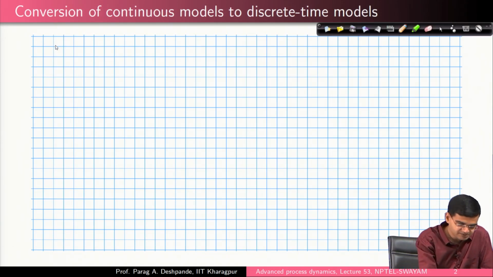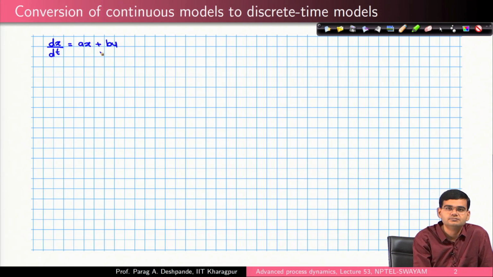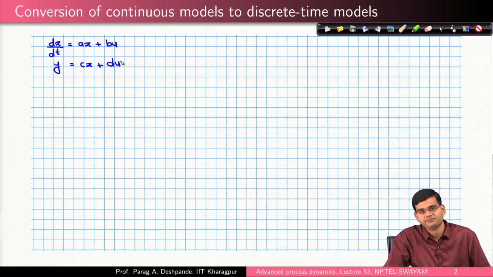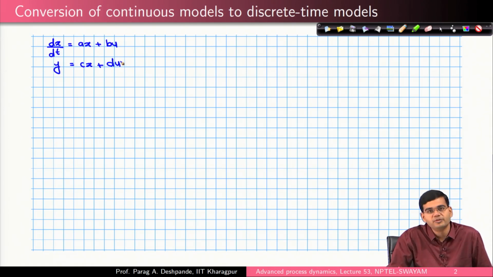So, our system in that case would be dx by dt is equal to ax plus bu, our dynamical equation, and y is equal to cx plus du. This is our first order input output model, input being u, output being y. I would like to develop a corresponding discrete time model.